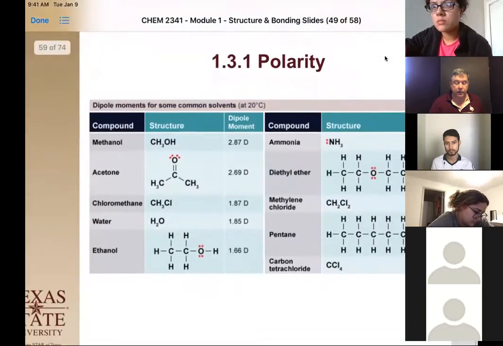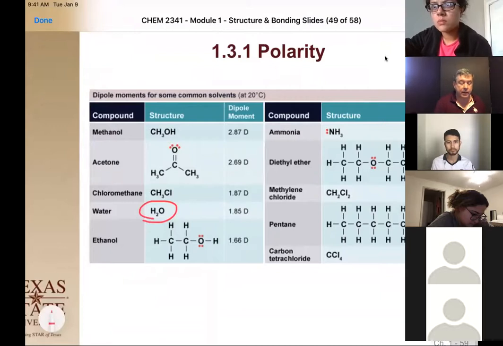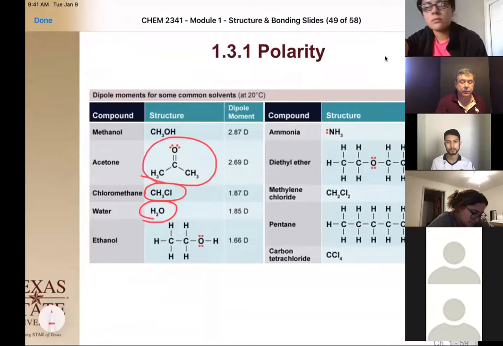Okay, so if we look at a wide variety of molecules, we can see that if there's a difference in two atoms, and one of the atoms is more electronegative than the other, we will have polarity. So simple things like water are polar because of an unsymmetrical structure. An unsymmetrically substituted methane, where we have just one electronegative atom and 3 hydrogens, will have a dipole. In the case of something like this, notice this is an sp2 hybridized carbon and oxygen.